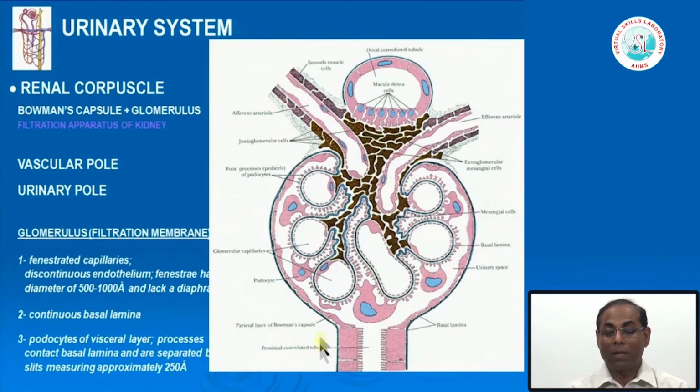Now, if you go through this, a total transverse cut, you can see the capillary loops. In the capillary loop, if the blood is flowing here, obviously the first layer forming this filtration barrier is the endothelial cells, and these endothelial cells are all fenestrated.